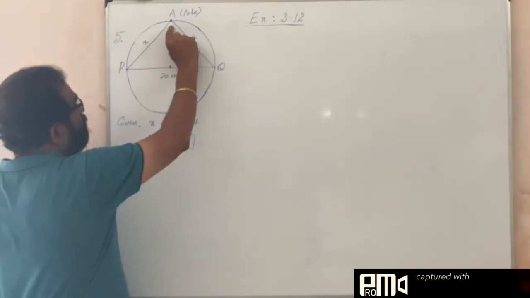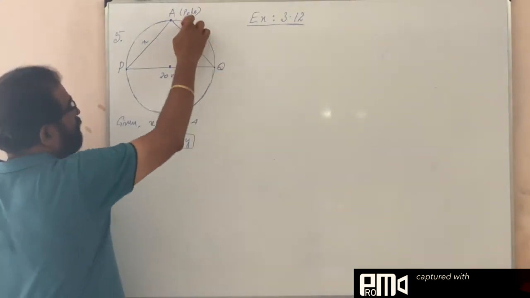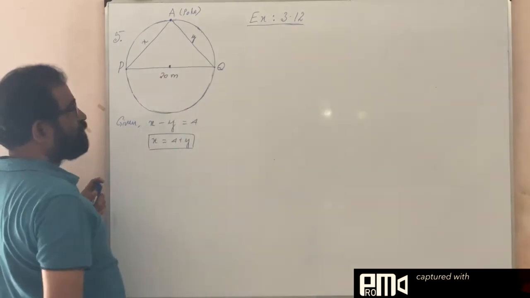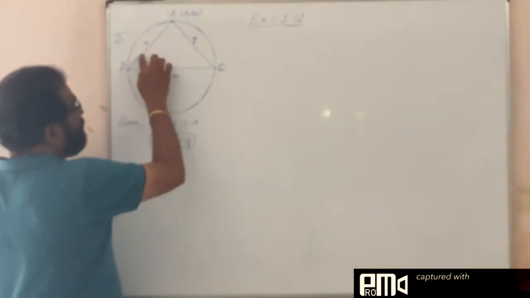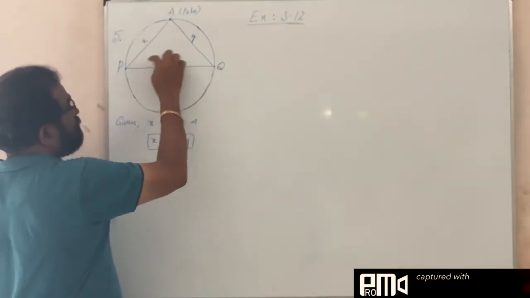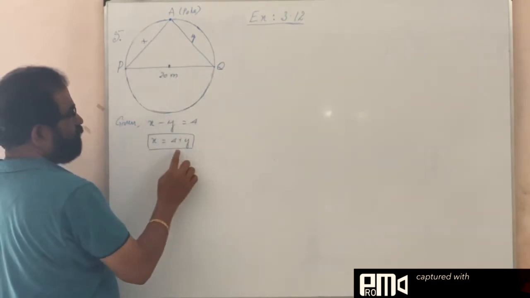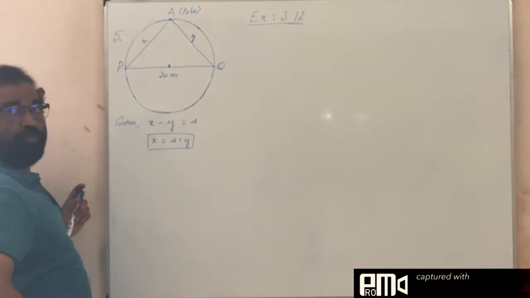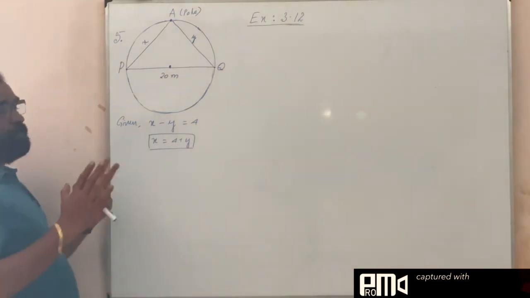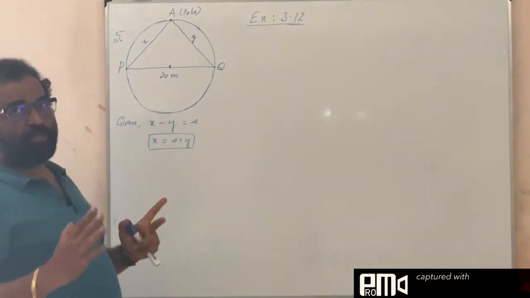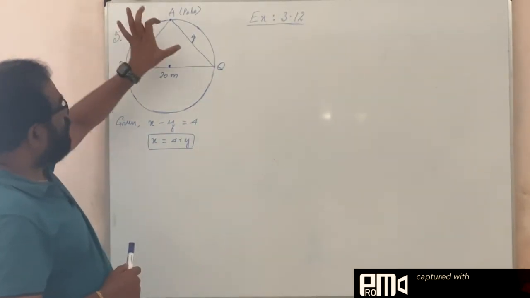Distance between the pole A and the gate P is x, and here it is y, that we are assuming. What is given? The difference between x and y is 4 meters. So x minus y is equal to 4, x is equal to 4 plus y. So is it possible to erect a pole like that? That is the question. If it is possible, what are the two distances from P to A and Q to A?